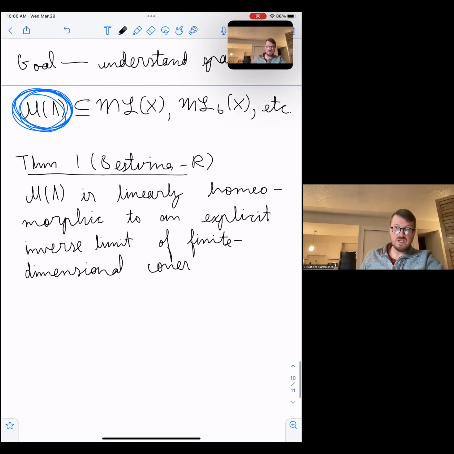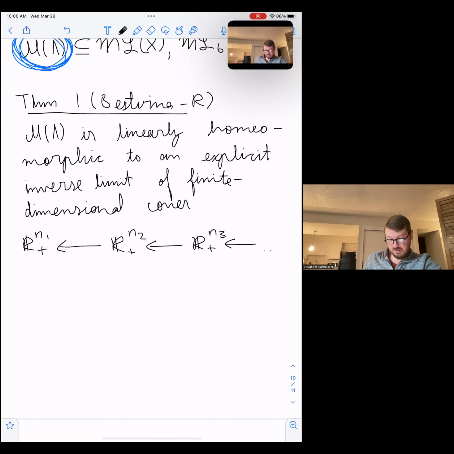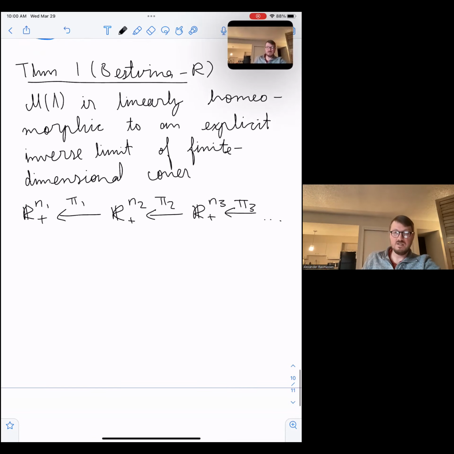So what does this look like? We have some kind of sequence of cones. We can just think of these as the positive orthant in some Euclidean space. So there's going to be an infinite sequence of these, and these are bonded together by certain linear maps. Okay, and M of lambda is just the inverse limit of this sequence.